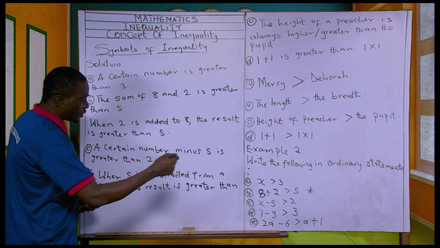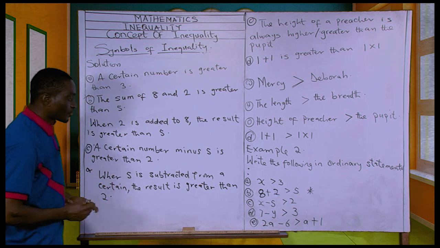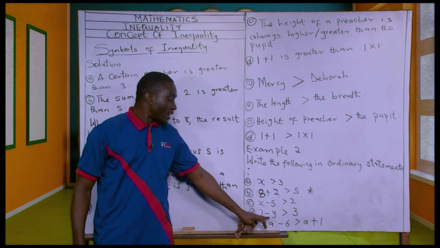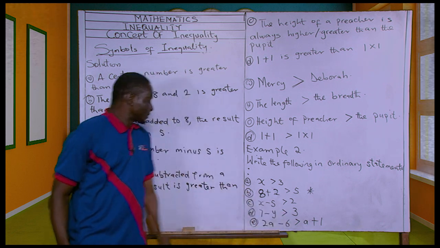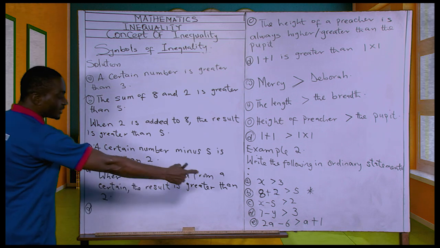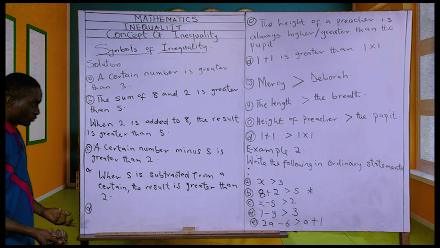Let's move to D. We have 7 minus y is greater than 3. You can write that in any of these forms.